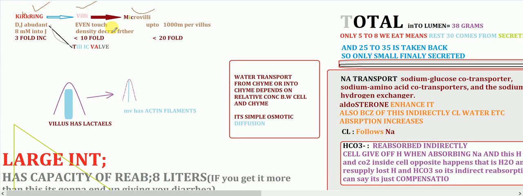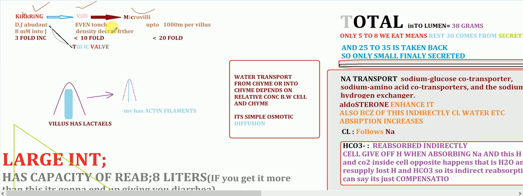In other words, they're so dense. Their density is so much in the upper part of your small intestine. But once you walk down the small intestine, the density decreases. So they're the most dense in the upper part, that is the duodenum, and as you travel down, their density decreases little by little.